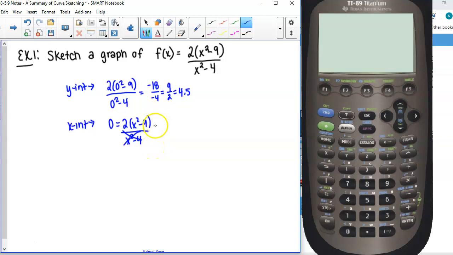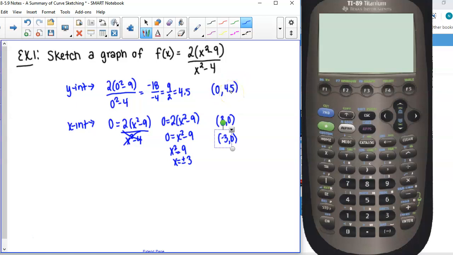So that gives you 0 equals 2 times x squared minus 9. Divide off that 2, so 0 equals x squared minus 9. X squared equals 9. So x equals plus or minus 3. So you've got x-intercepts at (3, 0) and (-3, 0). Also have a y-intercept at (0, 4.5). So we know those points are on our graph.